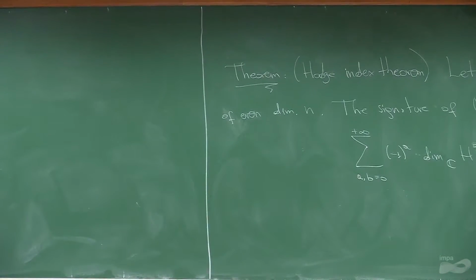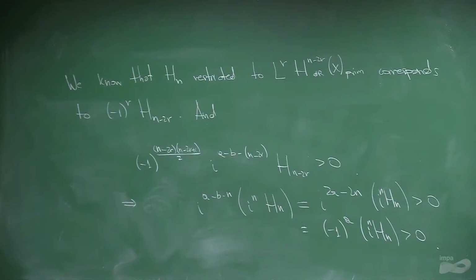It will be equal to the sum over a plus b equal to n minus 2r, for 2r less or equal than n, of (-1)^a h^{a,b} prime, where this h^{a,b} prime is just the complex dimension of H^{a,b} prime. Right?